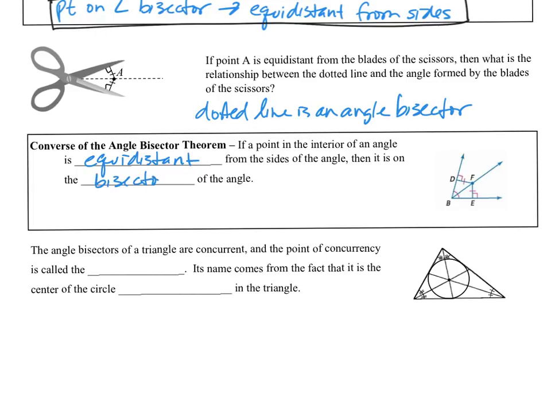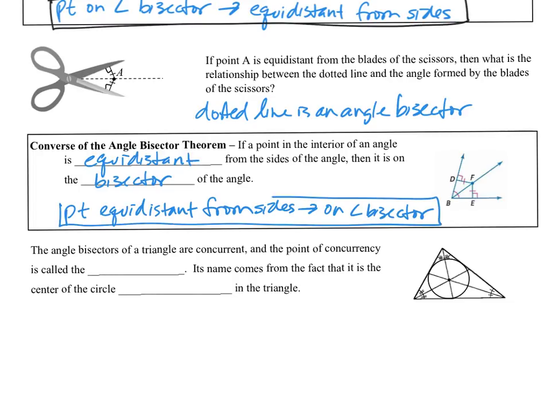So here's how we'll write that in shorthand. We'll say point equidistant from the sides of an angle implies that the point is on the angle bisector. Okay, that's how we'll say that in shorthand.